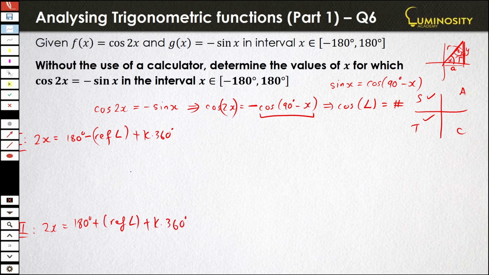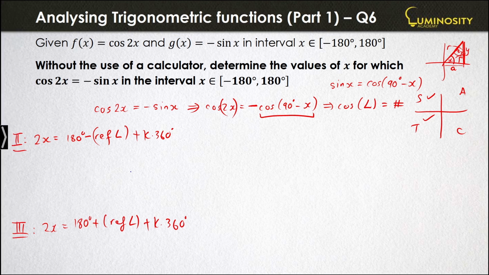Okay, so now I need the reference angle. So how do I find the reference angle? Well, how do we do it in general for a trig equation? We take cos inverse of the number. So the reference angle is going to be cos inverse of the positive, so cos of 90 degrees minus x. Now, cos inverse and cos are inverse functions of each other, so they'll undo each other, and the reference angle you're left with is 90 degrees minus x.